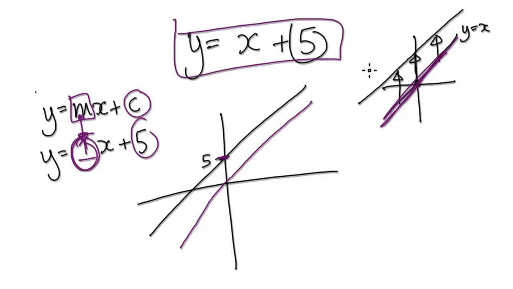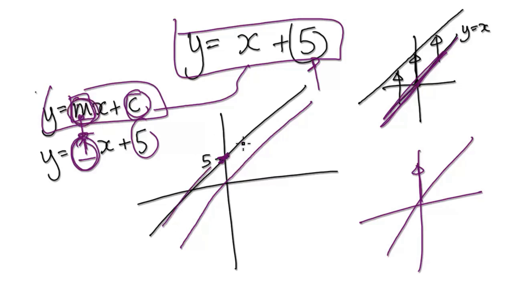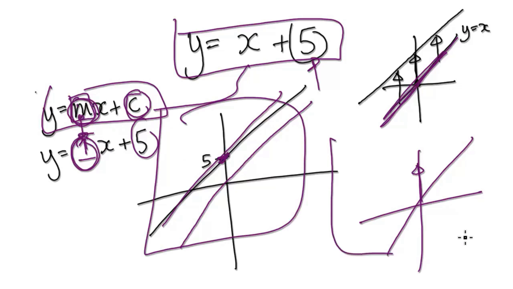So there are two ways of sketching this. You can just imagine y equals x, which looks like this, and then drag up everything by 5, or you can imagine it like this, where the intercept is 5 and the gradient is 1. So it will look like this. Both of these graphs are the same.